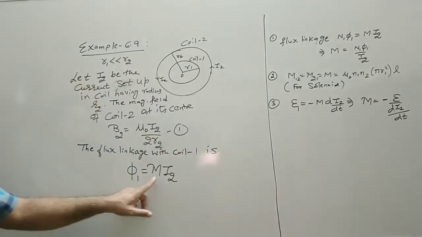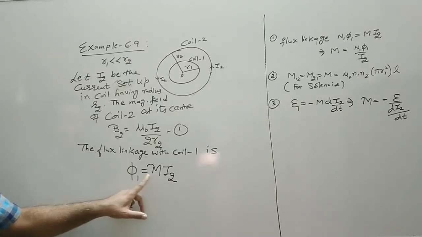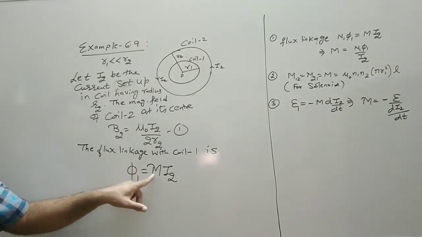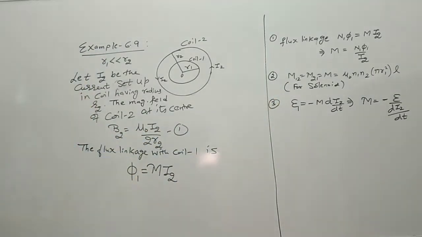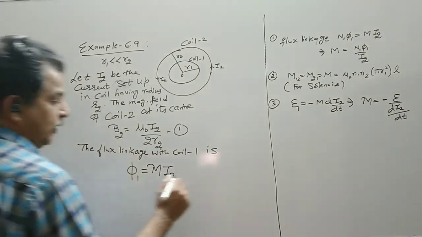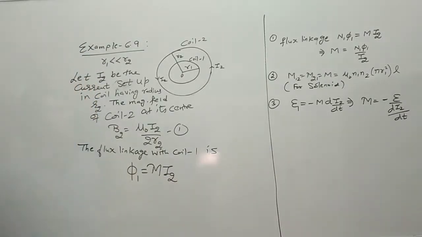Now actually it should be M12 because the flux is linked with 1, so mutual inductance of 1 with respect to 2, but now we know the theorem of reciprocity, it does not make any difference, so we write M as the mutual inductance of the system.